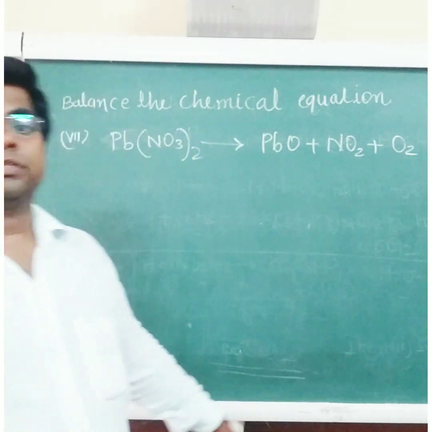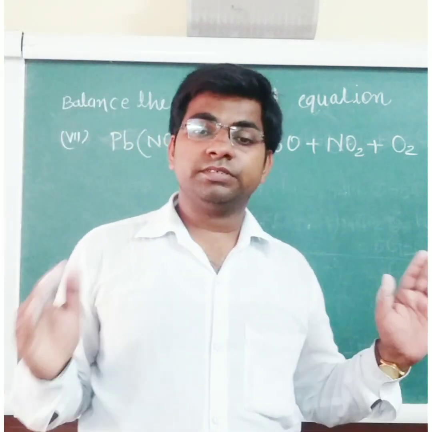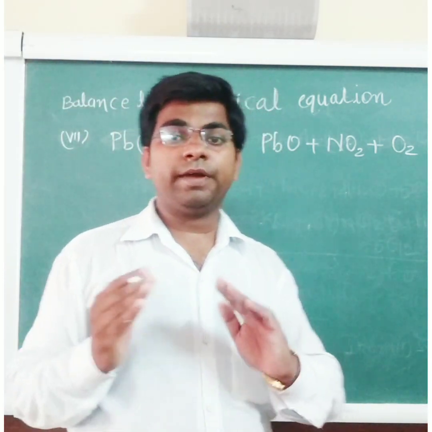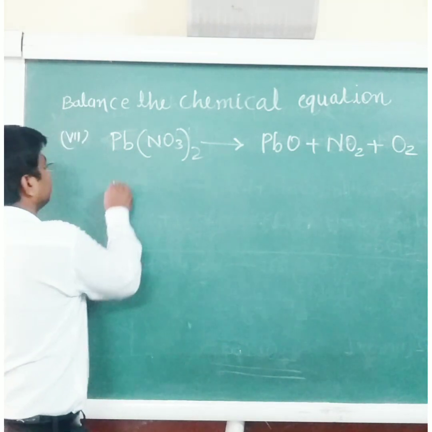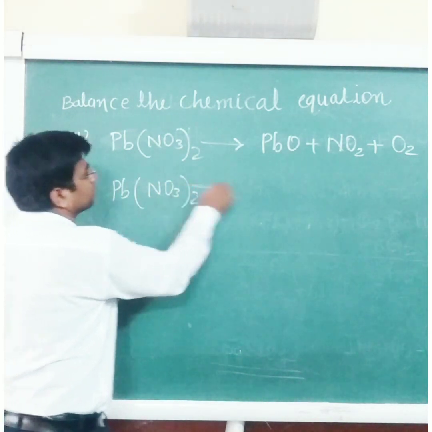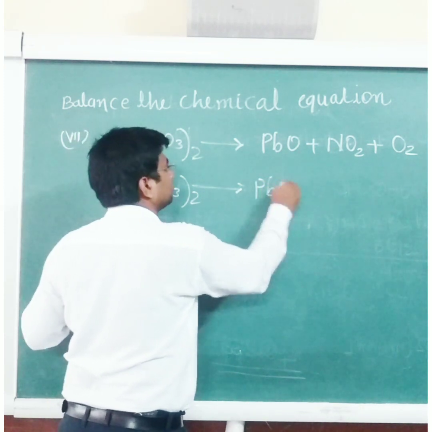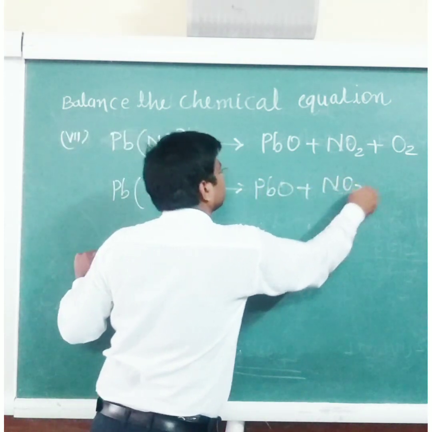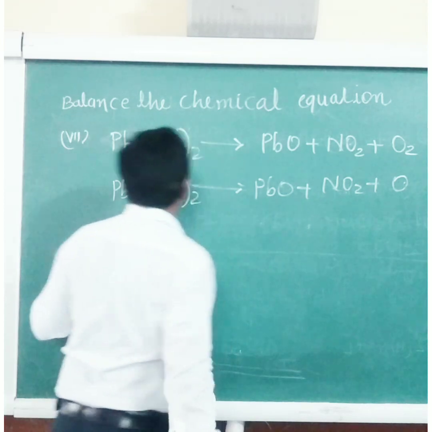First we need to write the oxygen from molecular form to atomic form. Pb and plus. Now we need to do the balance.